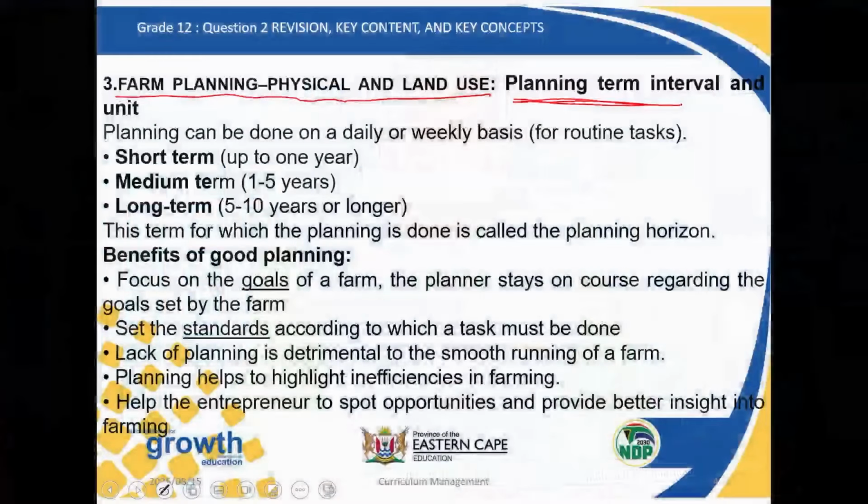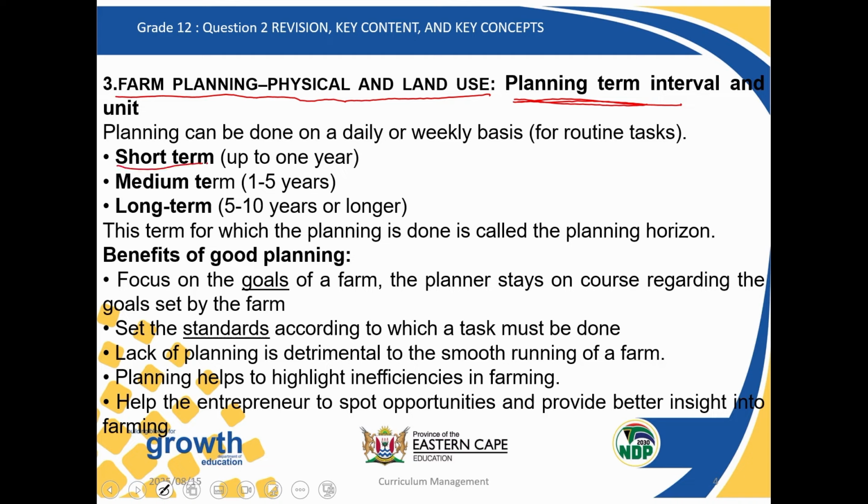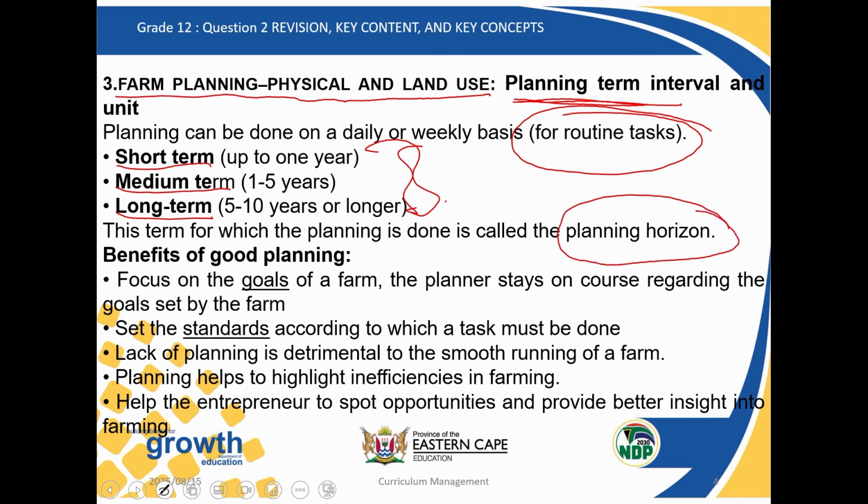So you plan, you have your planning interval, your short term, your medium term, and the long term, with all the years that are there. You also have your routine task, daily task or weekly task. So you need to plan that, and you link this with your planning horizon.